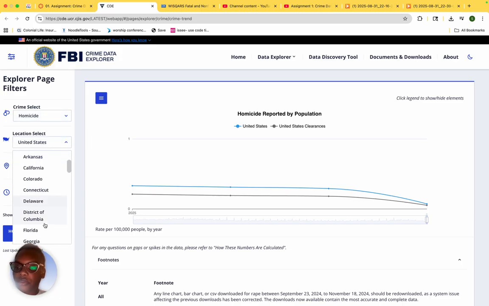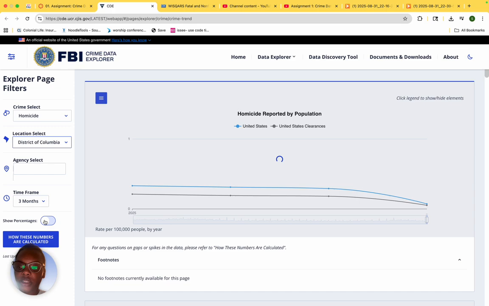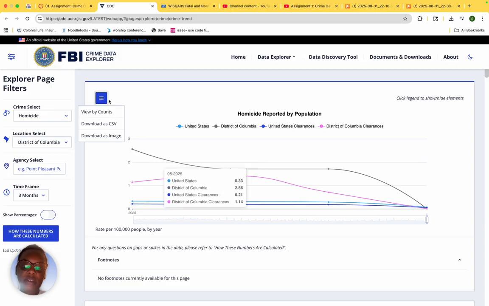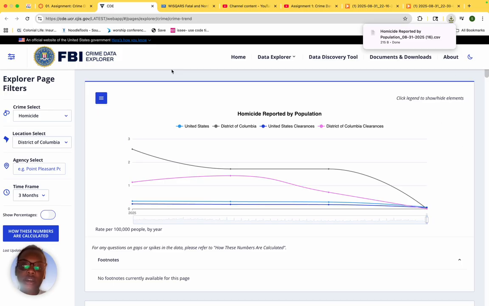Then we're going to go to the District of Columbia, and it's going to be over a 3-month period, right? I'm going to filter. It's already filtered by rates, not by count, and you see rate per 100,000 people per year. All right. I clicked on download CSV.